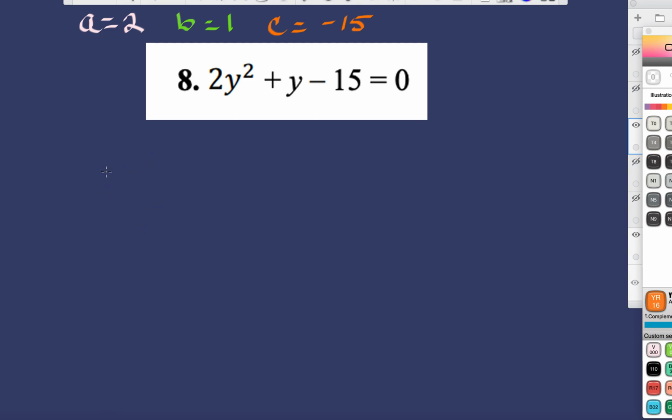Here we go. Are you scared? Let me write out the quadratic formula again. It's negative b plus or minus the square root of b squared minus 4ac, divided by 2a. Got it? Okay, here we go. I'm scared.